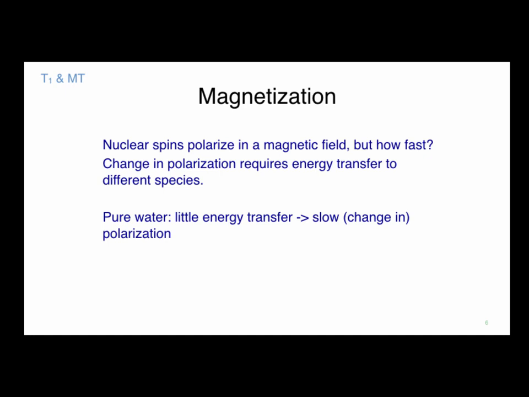So there needs to be a process that can transfer the energy from the magnetic polarization into the vibrations of the water, and that limits how quickly this process can happen.